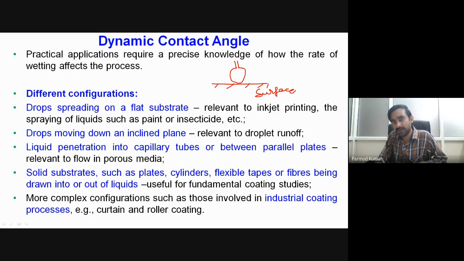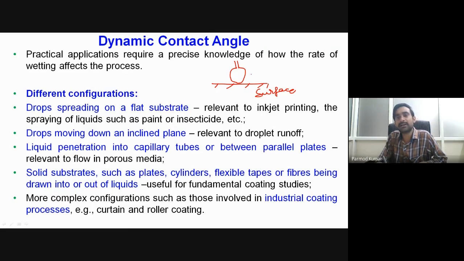However, once it comes in contact with the surface, this droplet will try to spread over the surface and gain some contact angle, which meets the requirement of the equilibrium contact angle between this liquid and this solid surface.